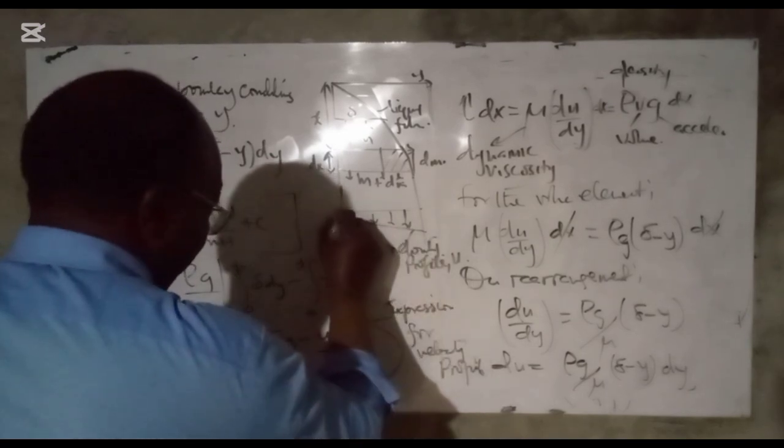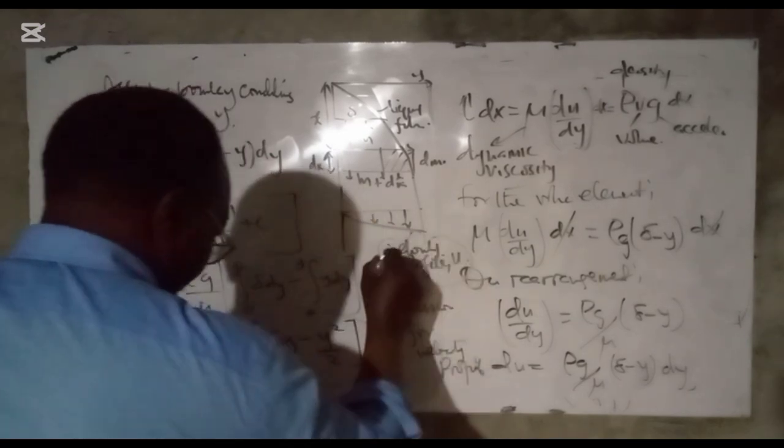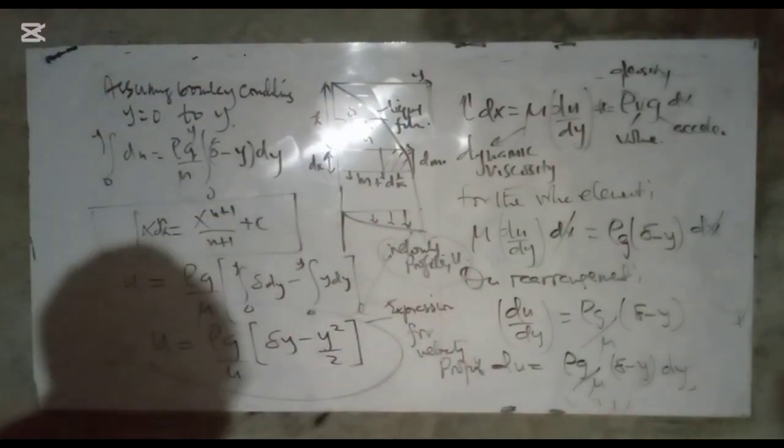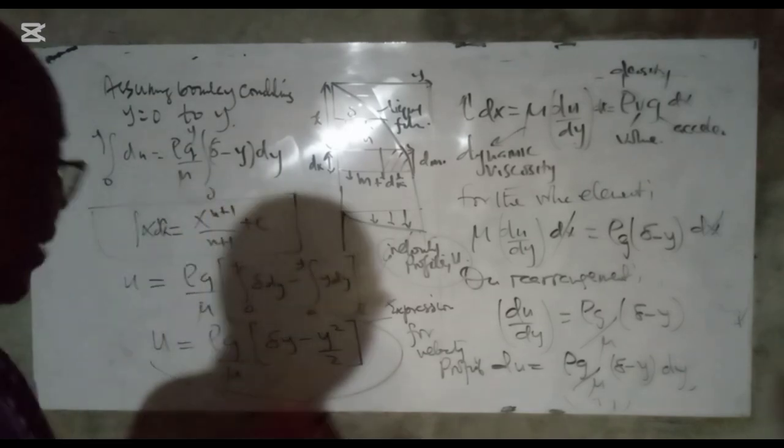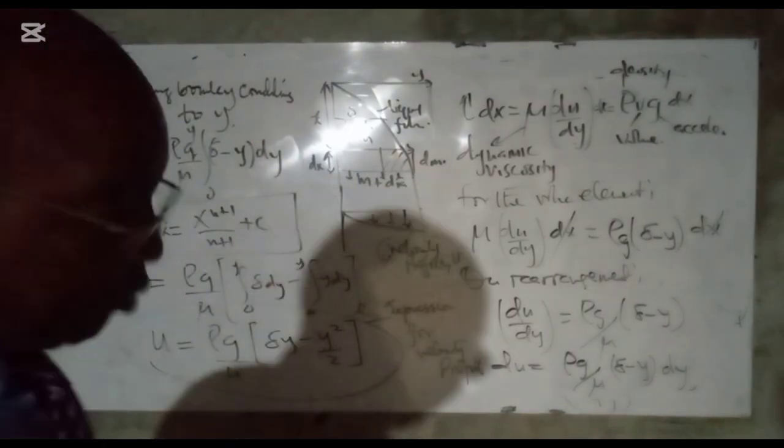That is the velocity profile. That is the expression for it, and we are used to it. We already know that we have seen several parabolic forms accounting for the various boundary layers.